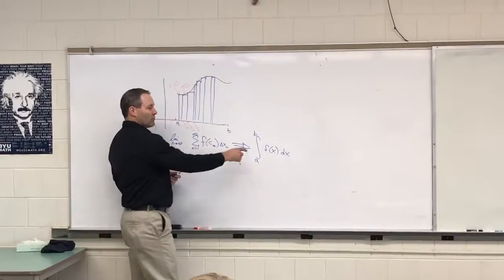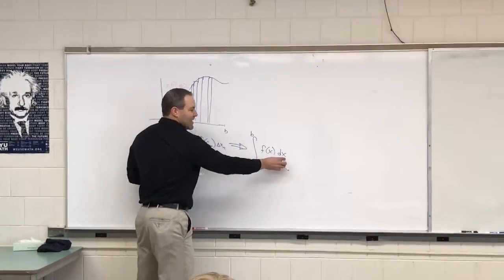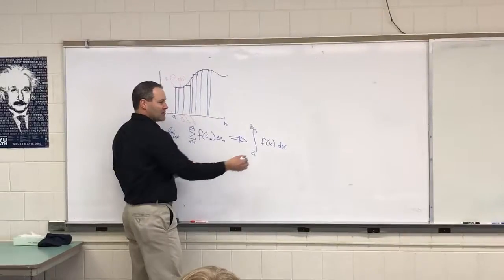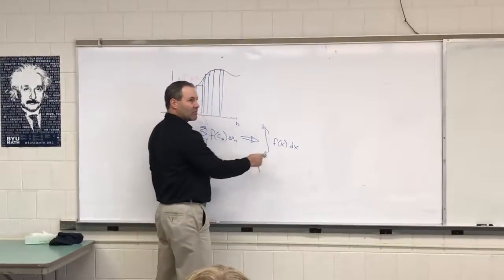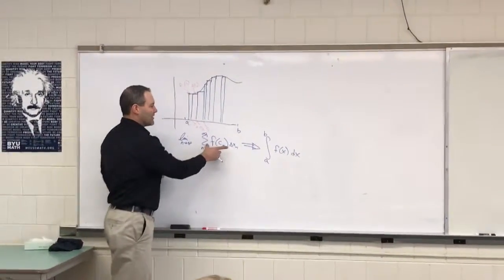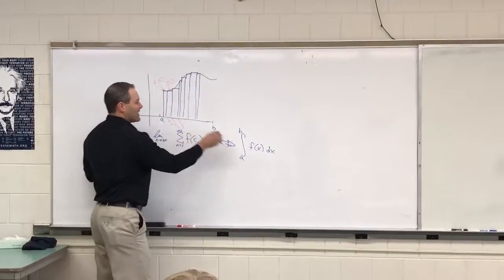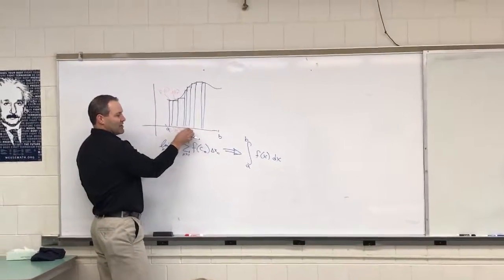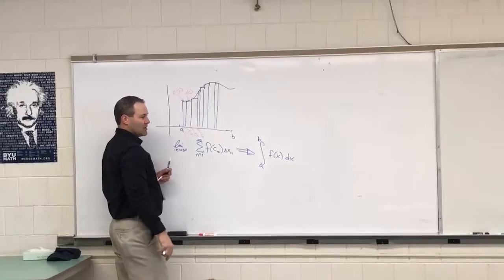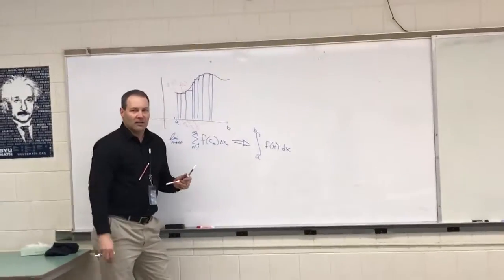Okay, so the dx here in integration basically is telling you what you're integrating with respect to. But if we think back to what we just did, your dx actually represents your change in x all along. We'll talk more about that later.